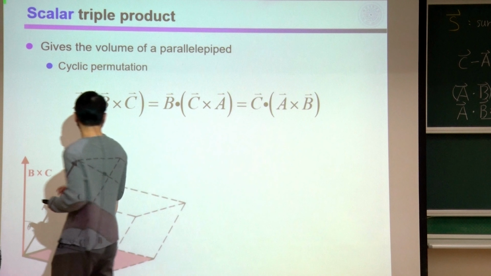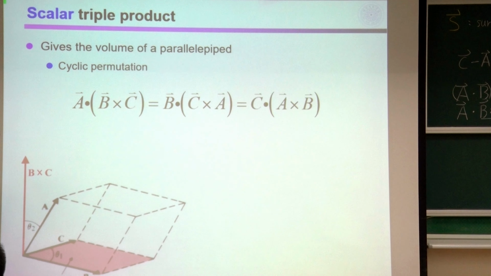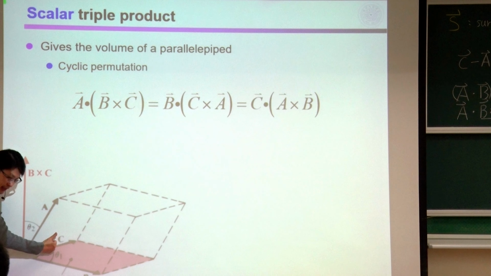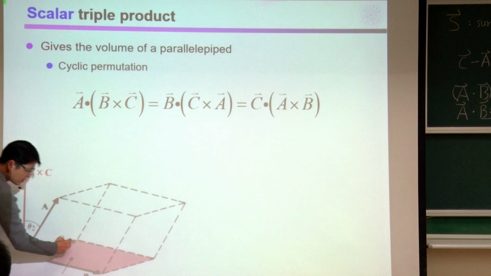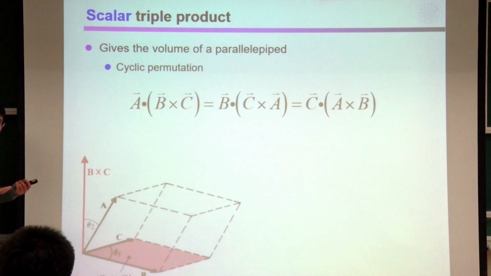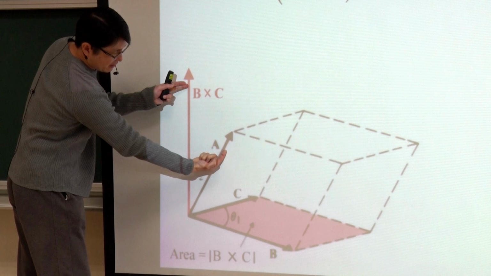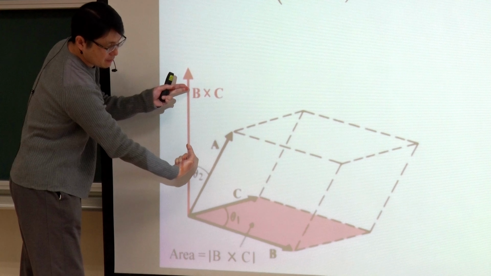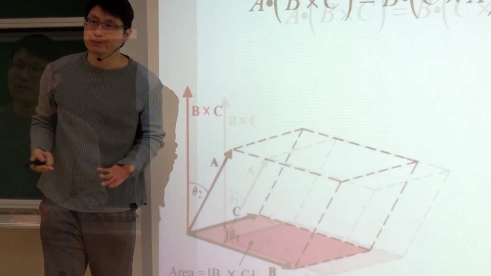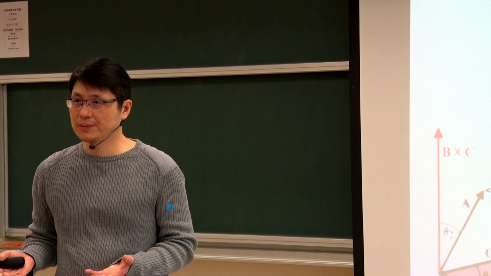Why? For example, we look at this one, A dot B cross C. So B cross C, if you remember, is the area with certain direction. It's basically a surface. And now you make the dot product of A with this B cross C, you're calculating the volume. And volume, 体积, is a scalar.